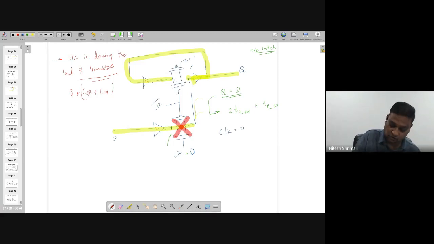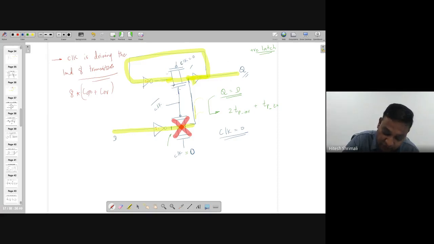Right? So there is only this loop. The Q is detached from this side. There is no I1, there is no transmission gate which is on. So both are off. But when clock equal to 0, what is going to happen?